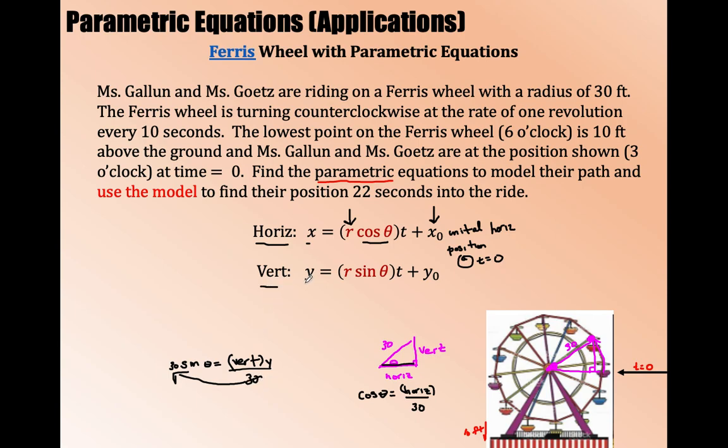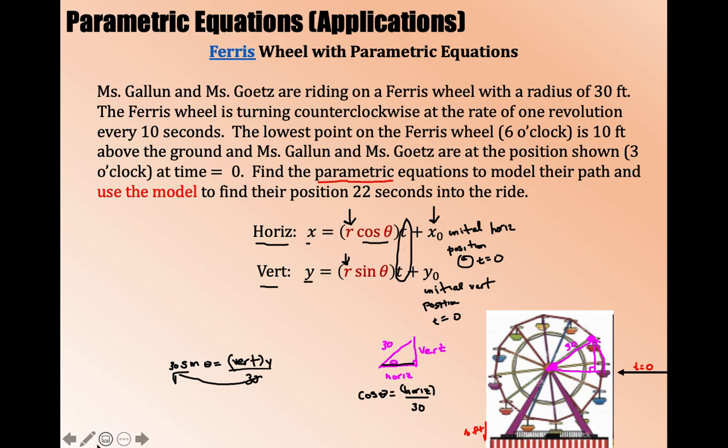The vertical component of our movement, which we call y, is equal to the radius, 30, times the sine of the central angle. Here's our parameter t, the time of the ride. And this again is our initial vertical position, at time equals 0. That's what initial means. Okay?